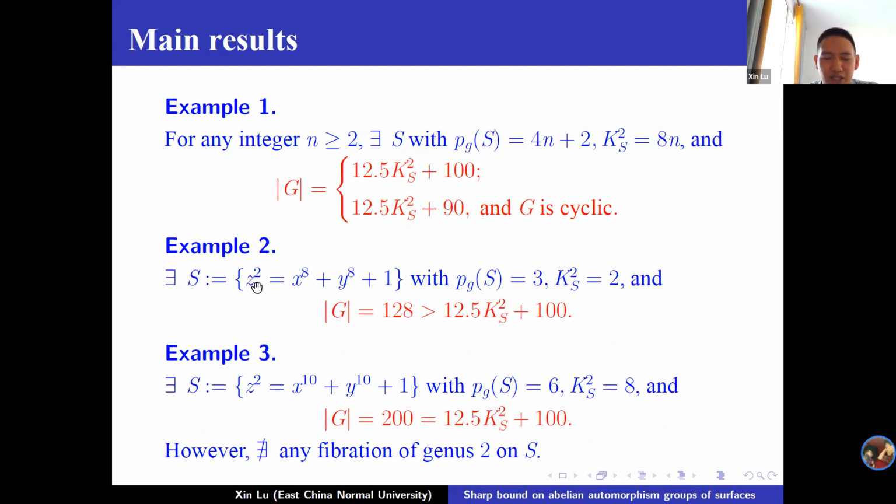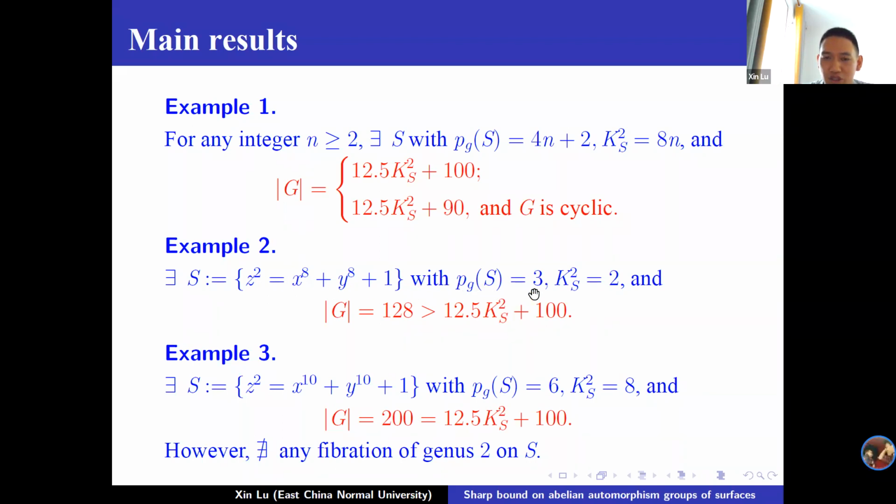Here, S is the surface given by z square equal to x to the power 8 plus y to the power 8 plus 1. You can visualize S as a double cover of P2 branched over the Fermat's octic curve.